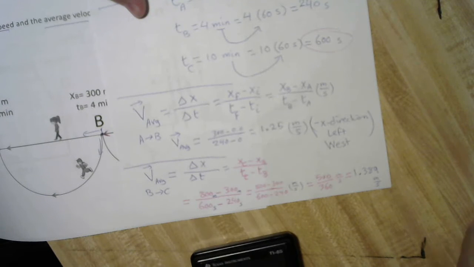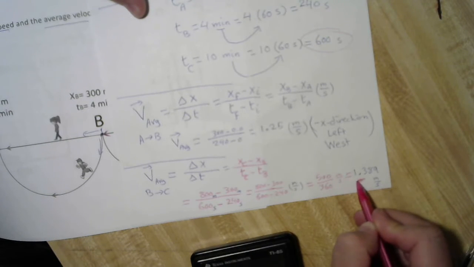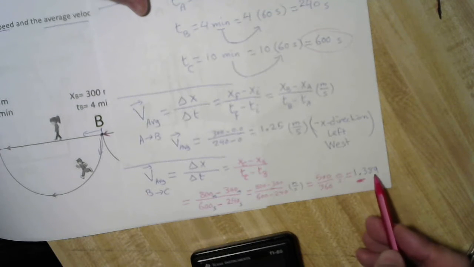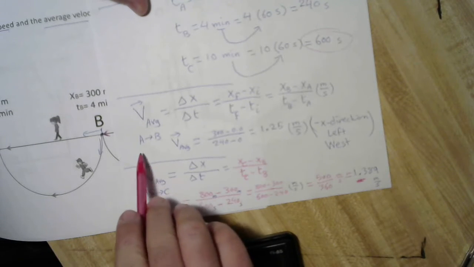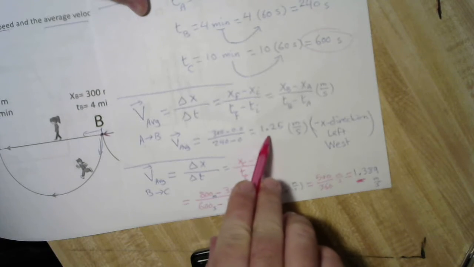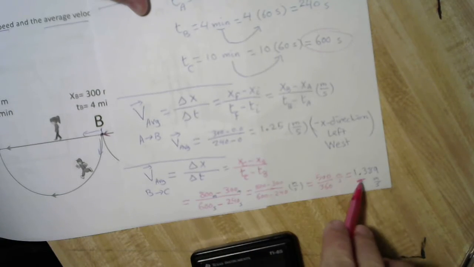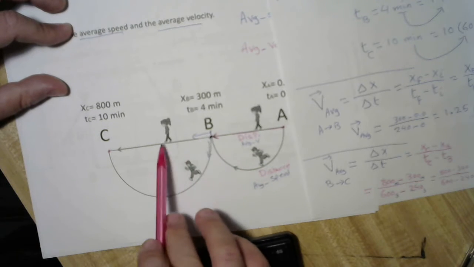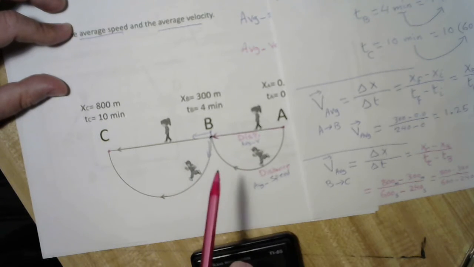We see here that the velocity from B to C is 1.38, but the velocity from A to B is 1.25. So for the second part, the girl was faster than in the first one.